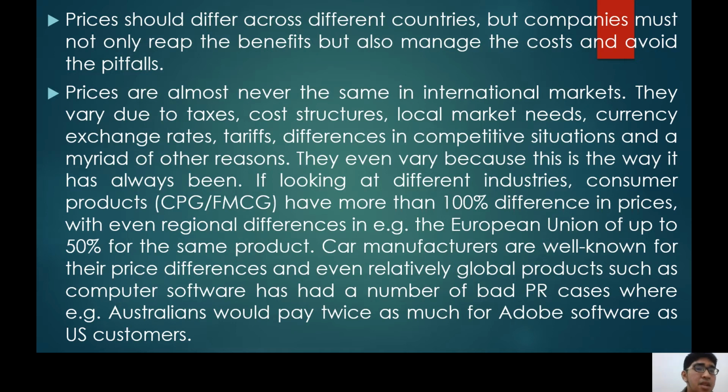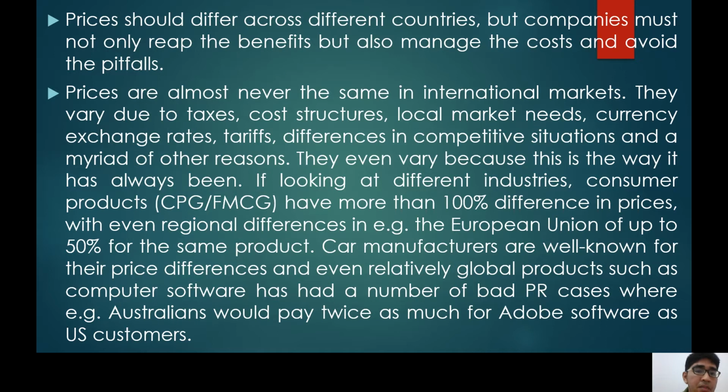Prices are almost never the same in international markets. They vary due to taxes, cost structures, local market needs, currency exchange rates, tariffs, differences in competitive situations, and a myriad of other reasons. They even vary because this is the way it has always been. If looking at different industries, consumer products have more than 100% difference in prices, with even regional differences.